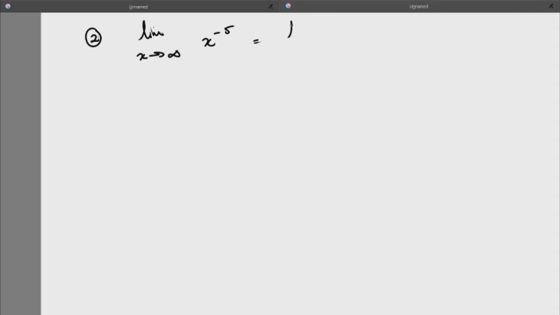I can rewrite this, though, to 1 over x to the 5. And then I see, oh, it's actually a rational function. Simple one, but still. And then I can exploit my experience with rational functions and say that's going to be 0, so the limit exists.